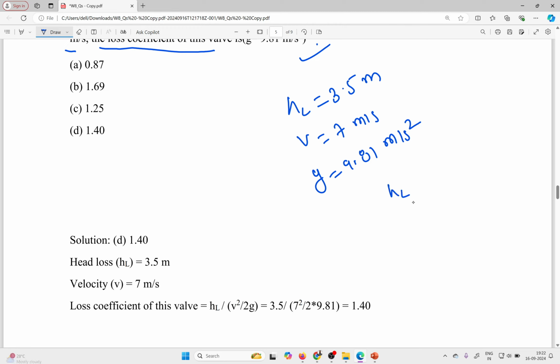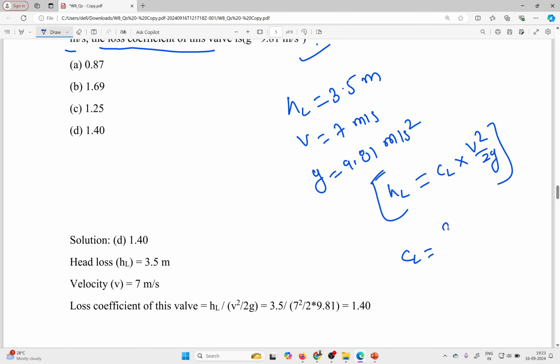So HL is equal to loss coefficient times V square by 2g. It may be 0.5 as I have shown you previously for entry loss. So here we are talking about CL.